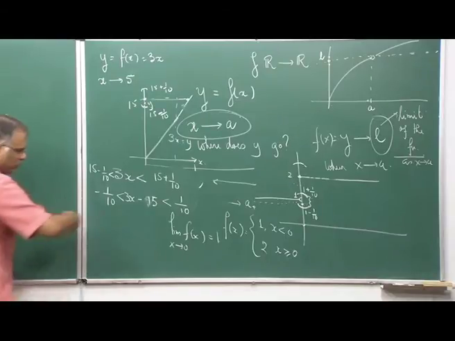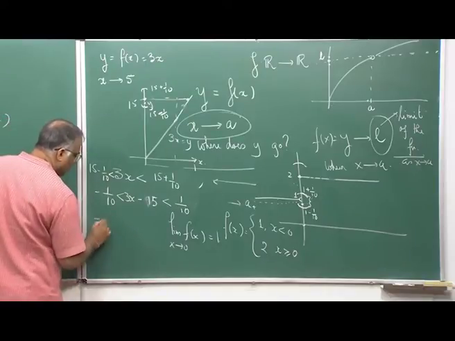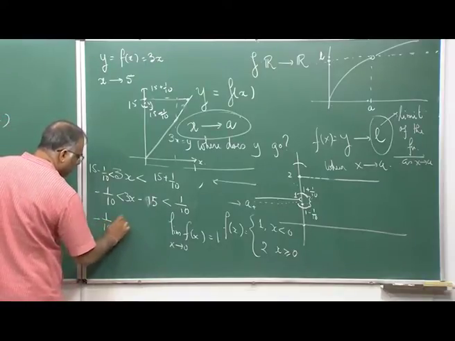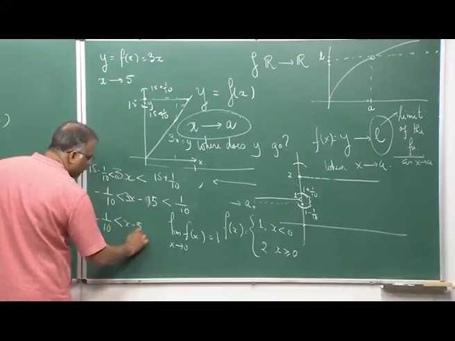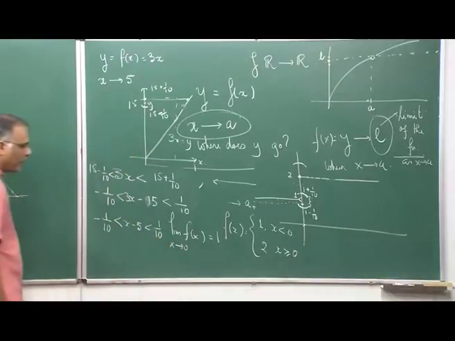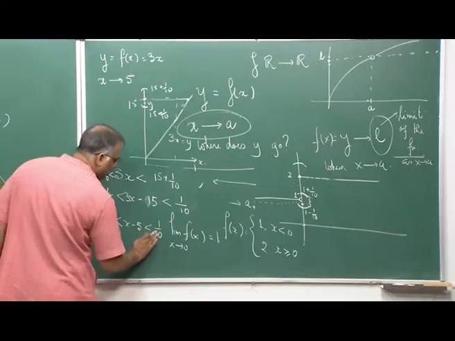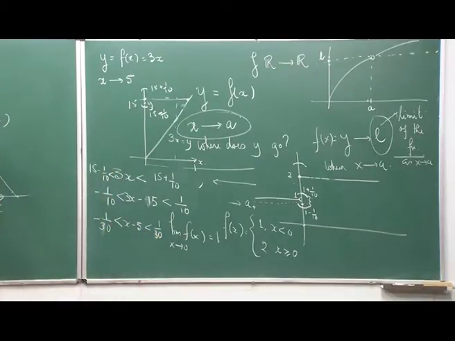It can be done because we are dividing by a positive number. So what do I get? I get minus 1 by 30 less than x minus 5 less than 1 by 30. Sorry, I had divided by 3, so I have to have 1 by 30 here, sorry for the mistake.